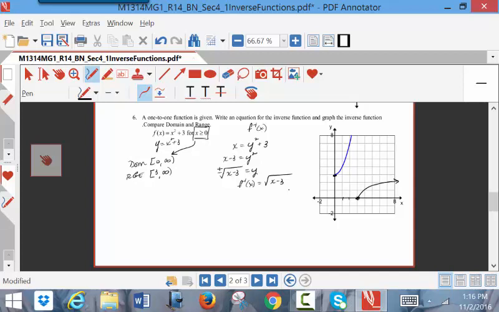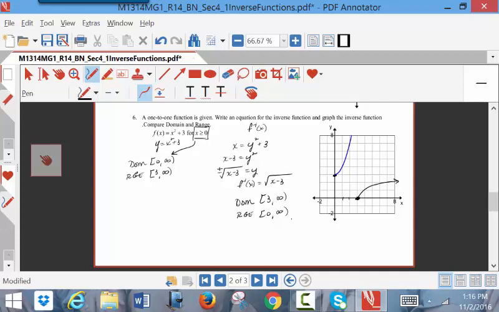Now, looking at the black line graph, what is the domain? What x value does it start with? 3, and it goes to infinity. What is your range? 0 to infinity. Very good.